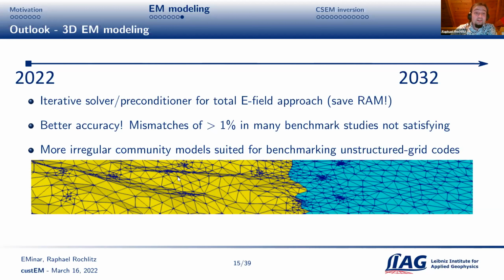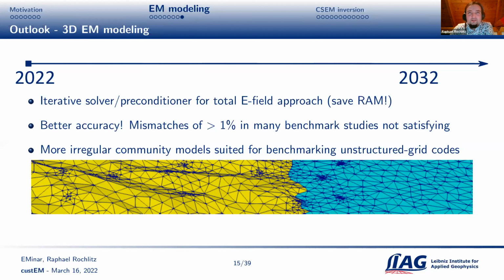And the last point, I think that most of our community models or benchmark models that exist are not really suited for benchmarking the unstructured grid codes implemented for topography models. For instance, custEM is not better suited for the Dublin test model or this low-TEM model I have shown you, because it's a flat surface model with brick-like anomalies.